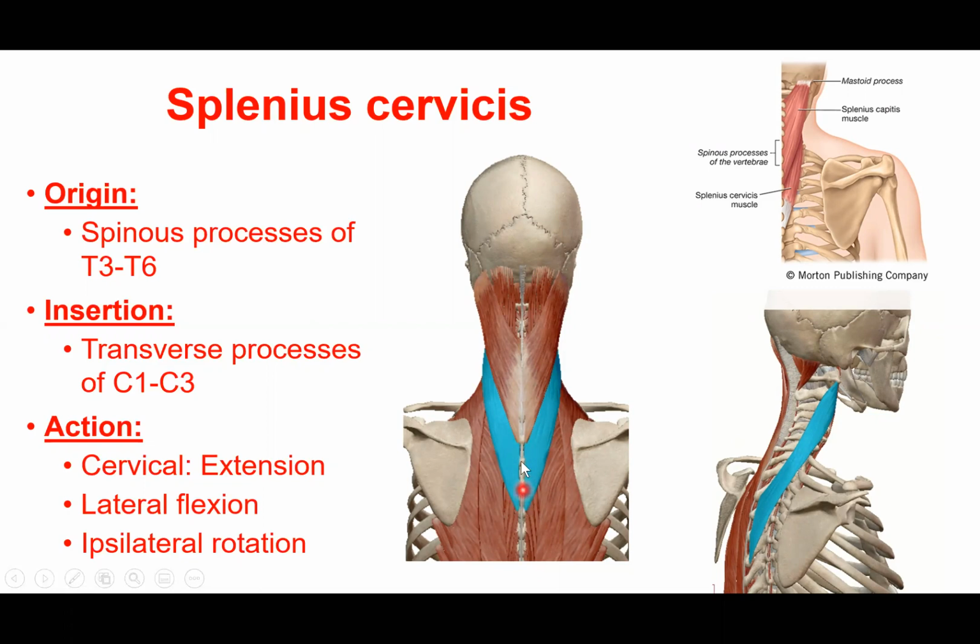It inserts into transverse processes, which I try to show you over here, the two little pointy projections on the lateral sides of the vertebra, if you remember from the bone markings.